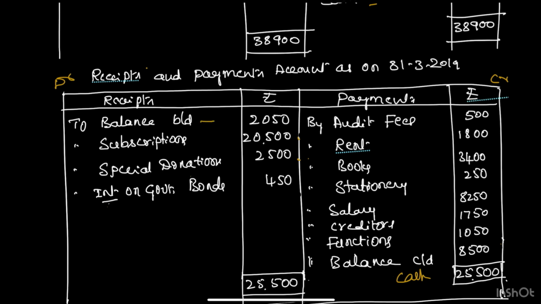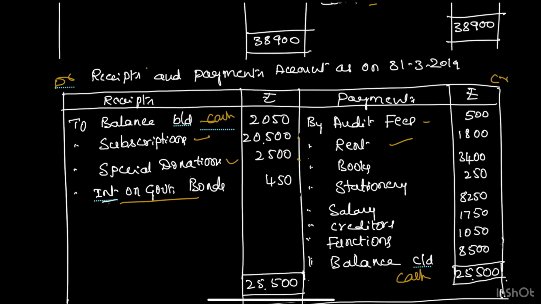The cash balance is given, and subscriptions received during the year, which are revenue. Donations, usually special donations, are capital and recorded on the receipt side only. Interest on government bonds is a revenue receipt recorded on the debit side. So all receipts, capital or revenue, come on the receipt side. It's given in the problem.